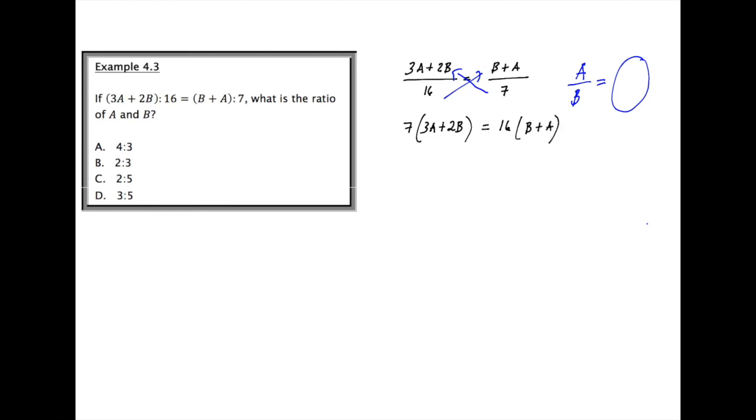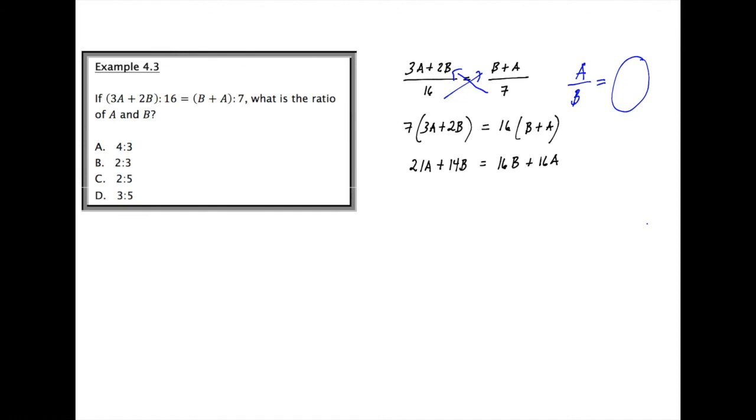And then we apply the distributive property: 7 times 3a, which is 21a, plus 14b equals 16 times b, that is 16b, plus 16a.